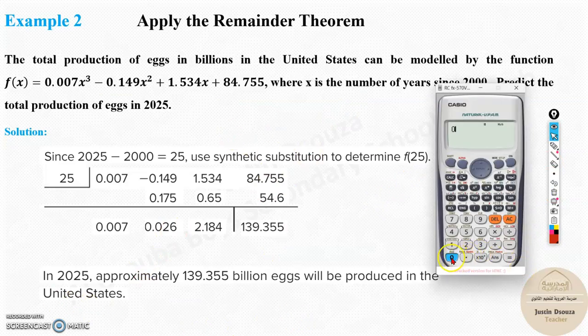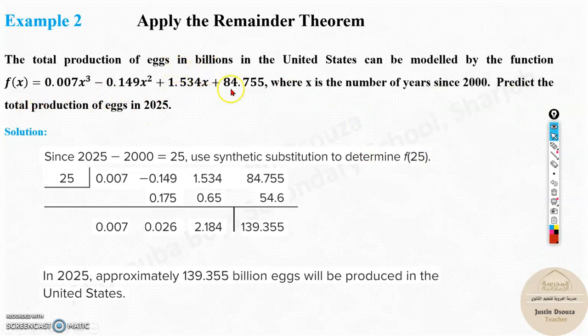All you need to do is 0.007 into 25 cubed, minus 0.149 times 25 squared, plus 1.534 into 25, then lastly plus 84.755. So the answer over here is 139.355.